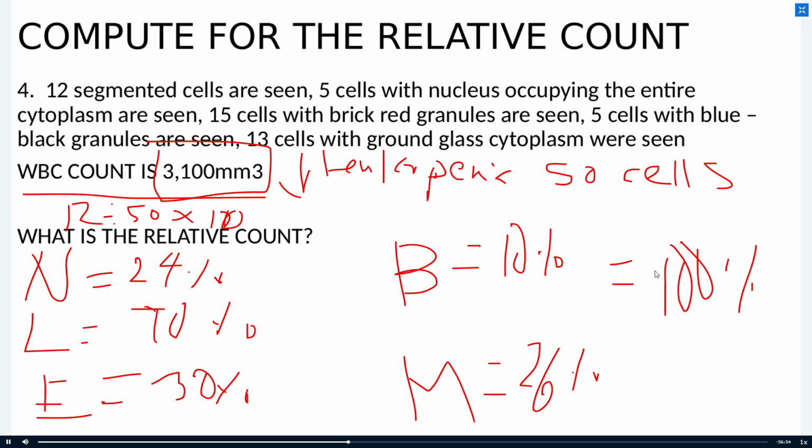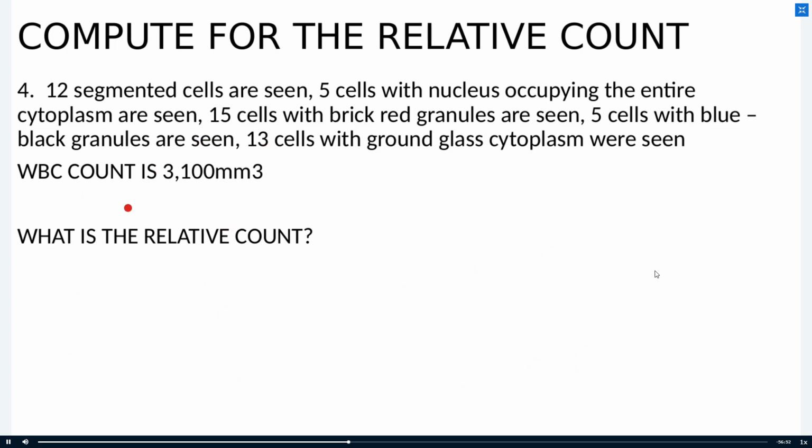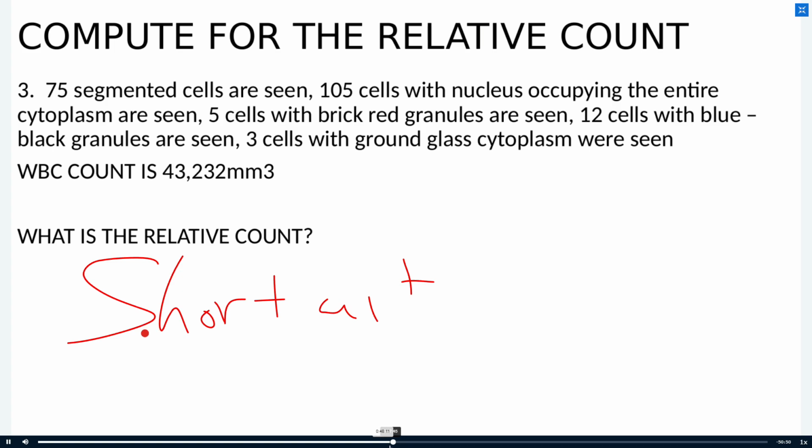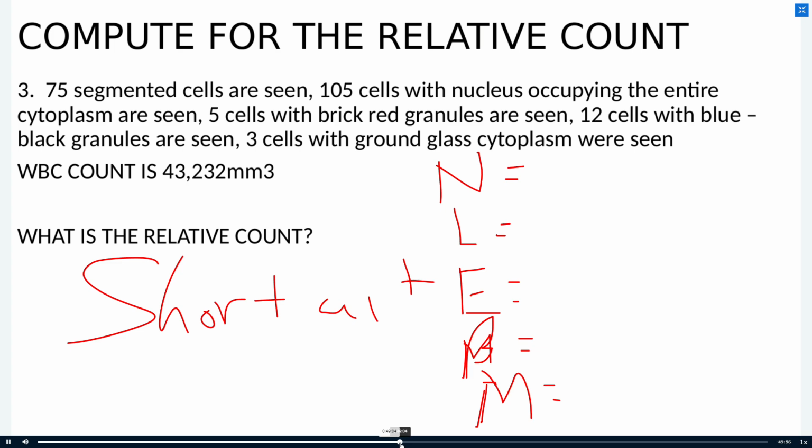Okay? Last one, class, for your relative count. Same rules. First two students gets it right, gets a bonus point. Without even doing it, count ng cell.